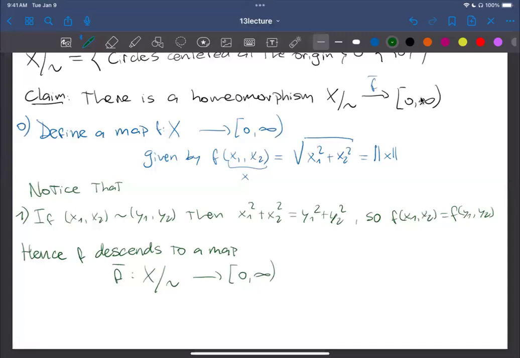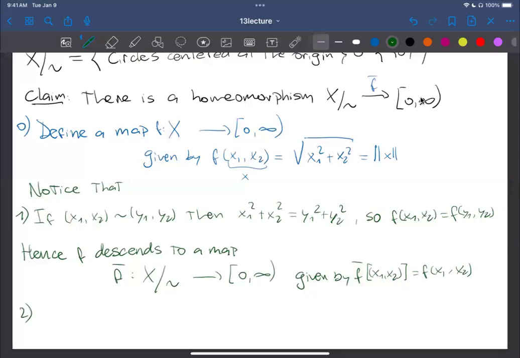Well, it's given by the following rule. F bar at a class of x1, x2 is just going to be f at x1, x2. And this is well defined because f is constant on equivalence classes. That's what we proved. So we have a map.